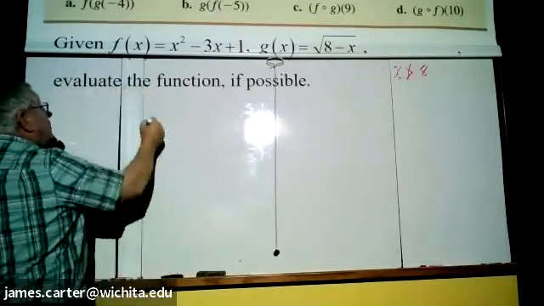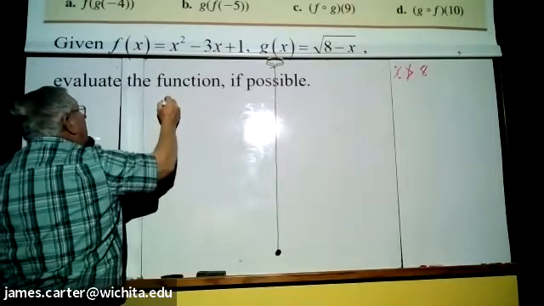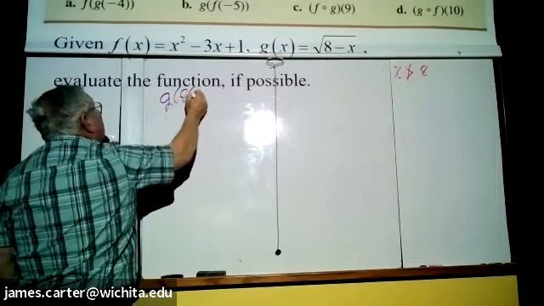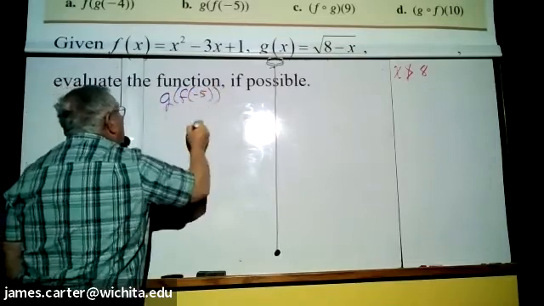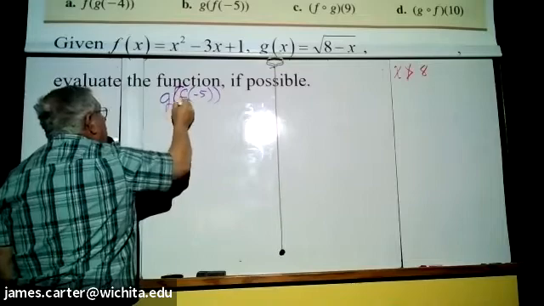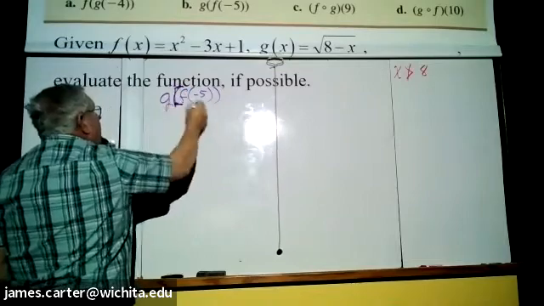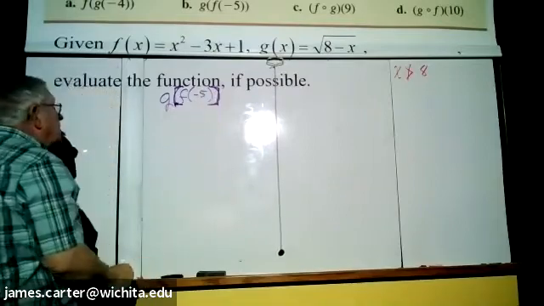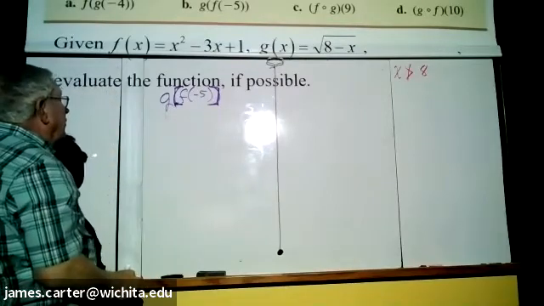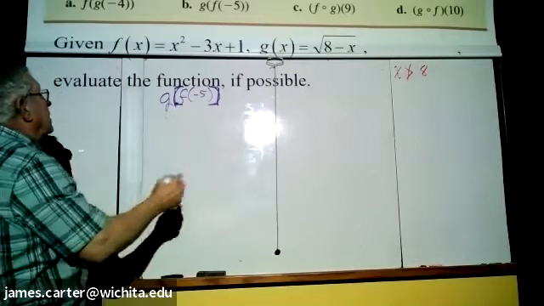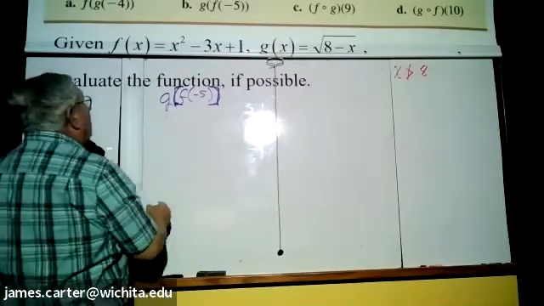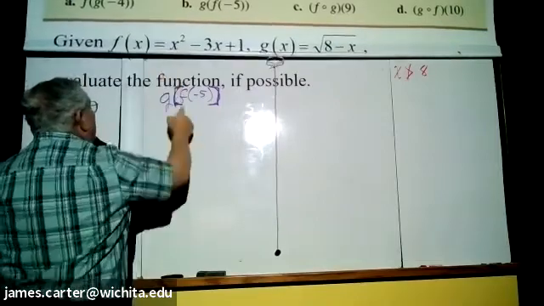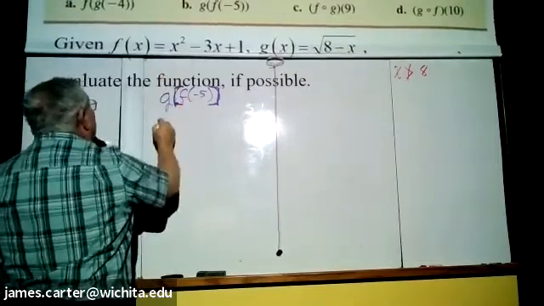Okay, let's go to item B. G of F of -5. If it helps you keep track of stuff, you could use brackets there instead of a double parentheses, but that's up to you. So we're going to take the F equation and replace x with -5.